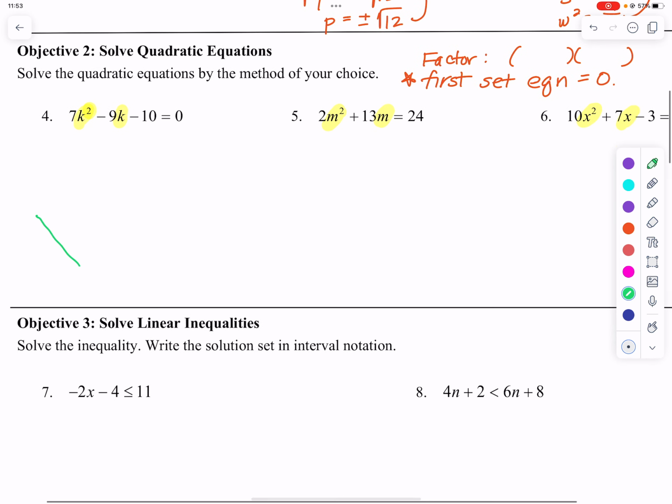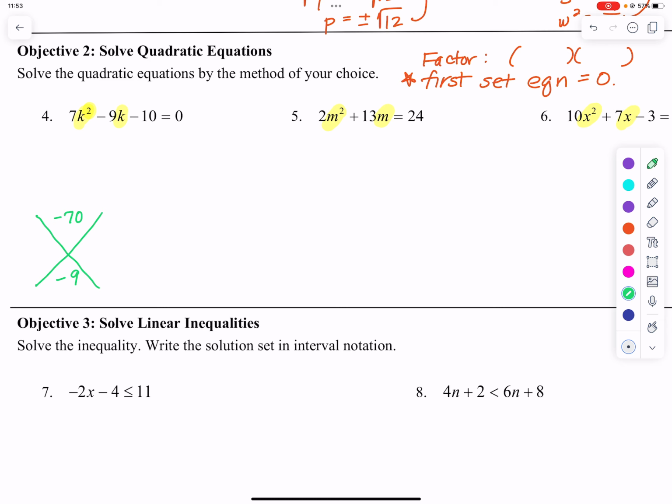I will come down here and I will actually go ahead and multiply A times C, which is a negative 70. And then we have a negative 9 for B, and we need two numbers that multiply together to get 70. You might be thinking about a 10 and a 7, but you're not going to get a 9 from that. So just start to think about some different numbers.